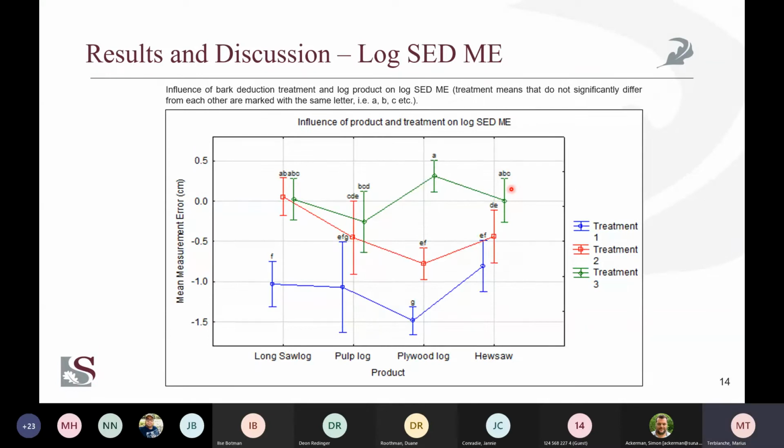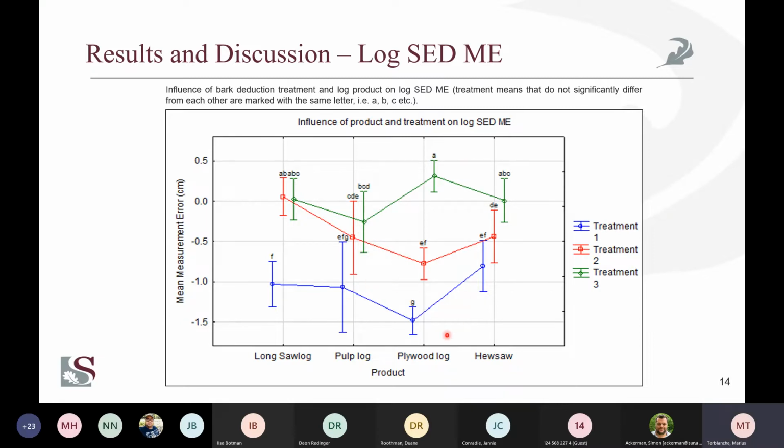On the small end diameters, the same trend was there, although the results were a bit varied. In essence, it stays the same: especially on the long saw logs, we did get a much more accurate diameter estimation with the bark deduction methods, although some results didn't differ significantly.